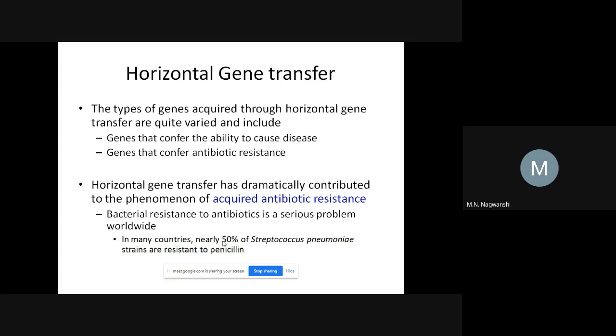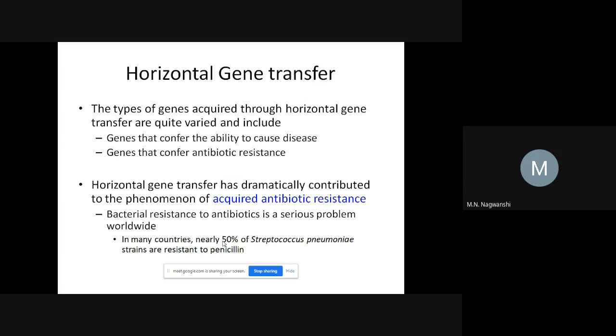This is what we are finding now. Even in our corona cases, the new strains produced by the viruses in different countries are resistant to the antibiotic that was given to the patients earlier.